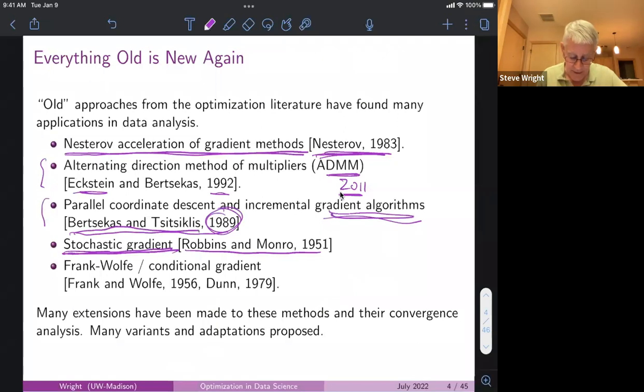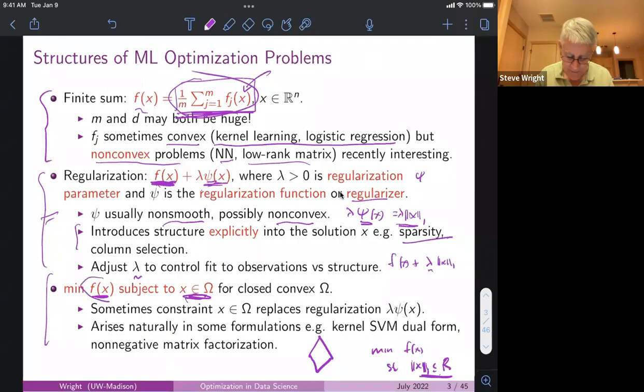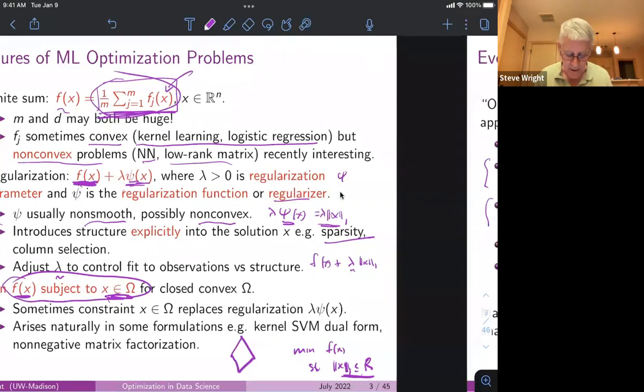And then this other famous example, the Frank-Wolfe algorithm. I heard about this when I was at North Carolina State in the 80s, but it was invented in 1956. And if I do get time in this talk, I'll mention it at the end. It's an algorithm for solving this problem, where you're minimizing, in fact, a convex function over a convex set.